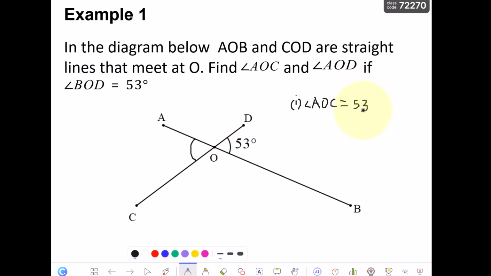And in case you want to know why this angle is 53, it's because it's vertically opposite to BOD. So in case you are writing an exam and your marker wants to know why, just put it in a bracket. You can just write vertically opposite angles. So that is that.